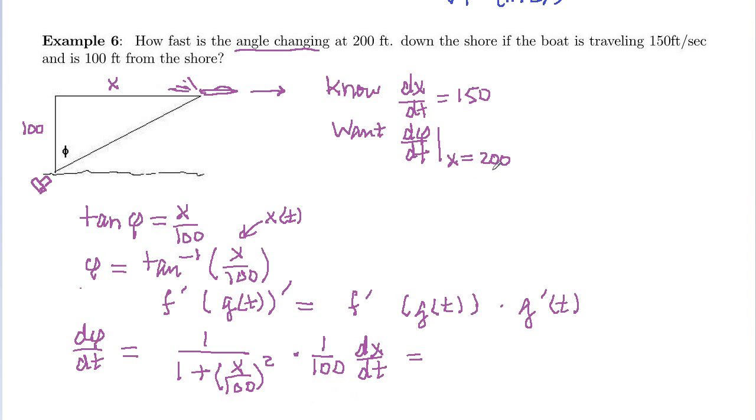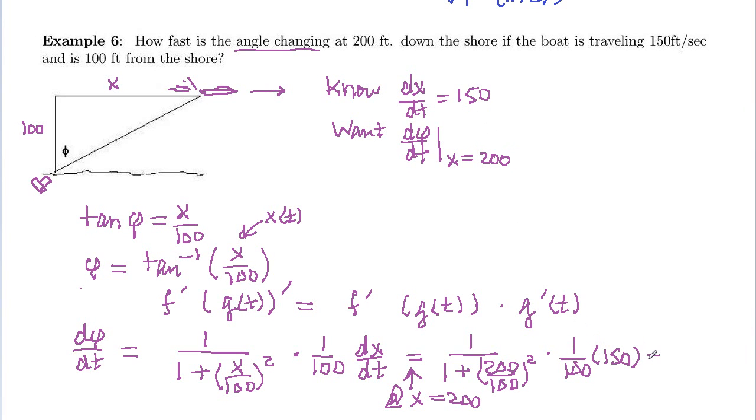And we want that at the instant when x is 200. So this will be 1 over 1 plus, at x equals 200, at the instant when the distance is 200. So don't plug that in at the beginning. This will be 200 over 100, and that gets squared, and then times 1/100th, and then our dx/dt is 150. So the 100 will cancel in here.